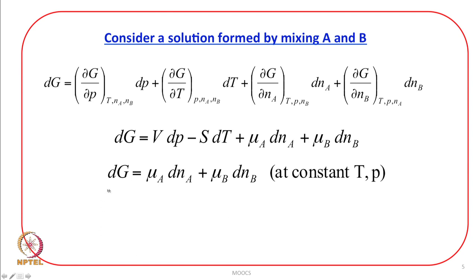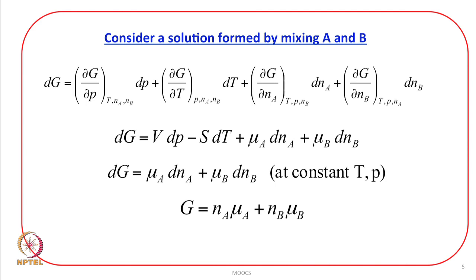From this equation, if I integrate and try to find out the total value of the Gibbs function, since chemical potential is constant, the expression that will turn out is G is equal to mu A times Na plus mu B times Nb, because we are treating the chemical potentials to be constant over here.